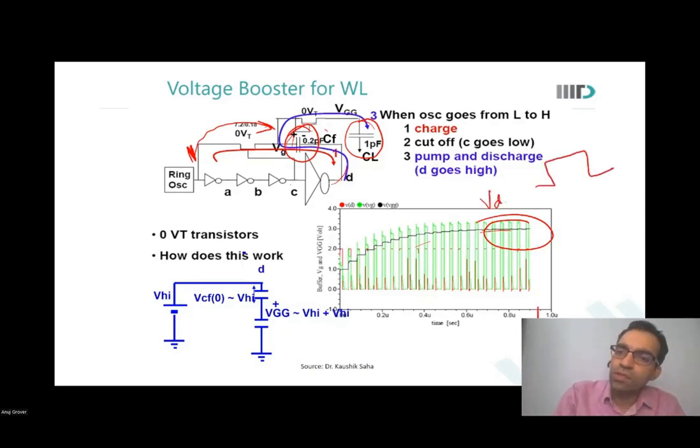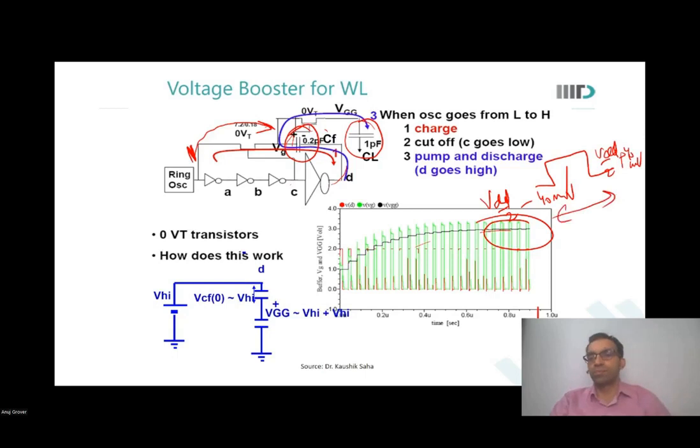So this is VDD by 2 minus 40 millivolts and VDD by 2 plus 40 millivolts. So what happens? You are transferring charge at a VDS of approximately 80 millivolts.